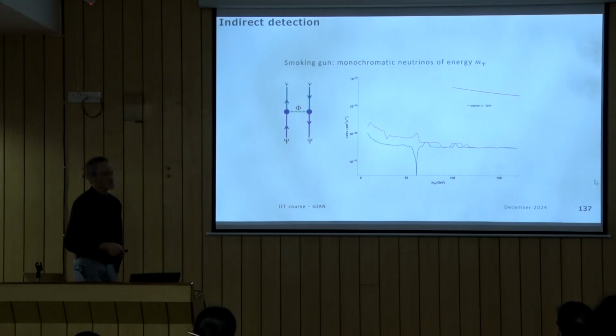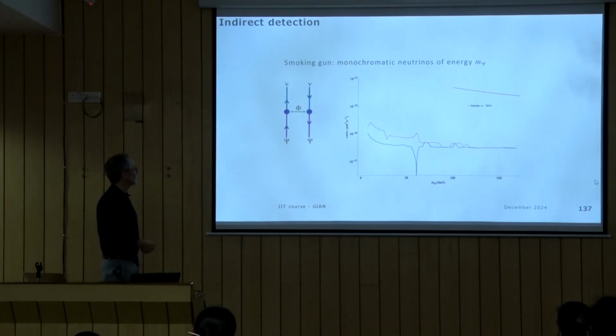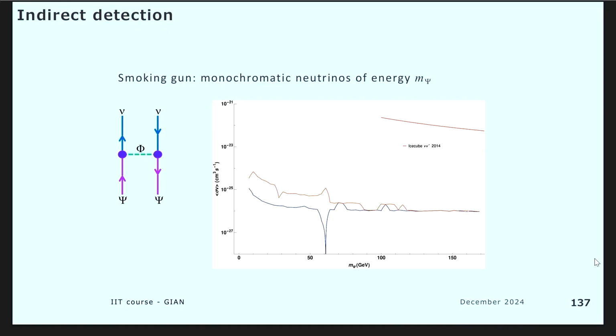There is also the possibility of indirect detection. That is, if these psis accumulate in the universe a lot and coalesce in one place, like the center of the sun, they may, through an exchange of phi, annihilate into neutrinos.